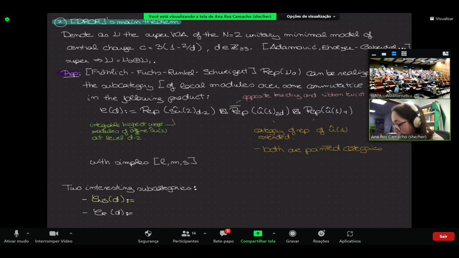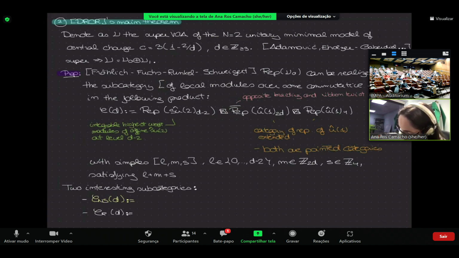So L, M, S, where L takes values between 0 and D minus 2, M takes values in Z_D, and S takes values in Z_4. And this ugly condition here can be simply restated as L plus M plus S needs to be even.